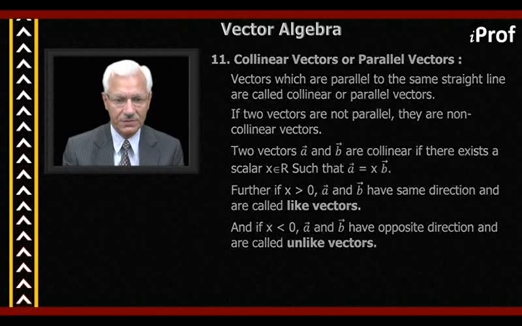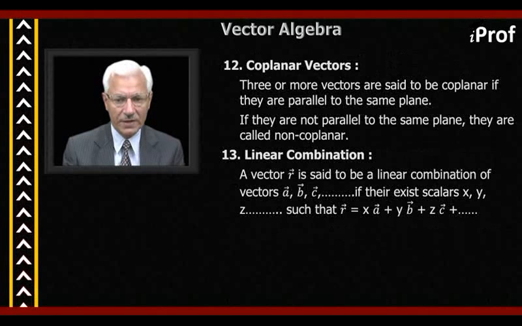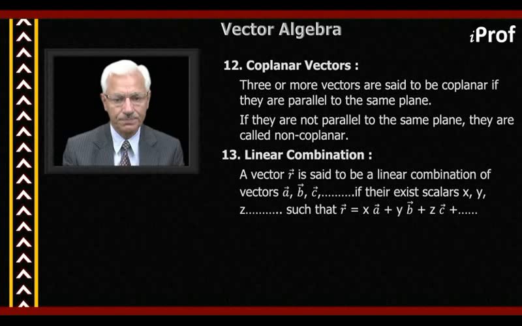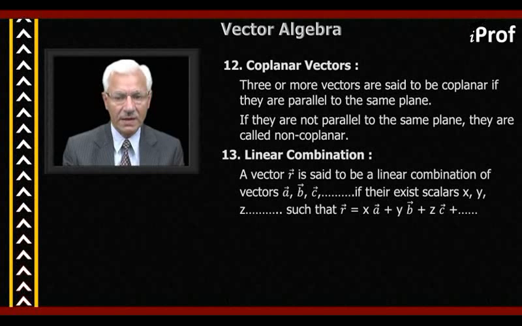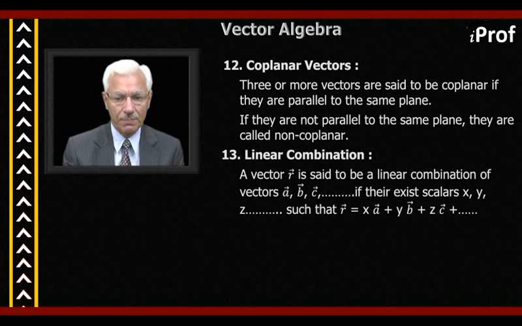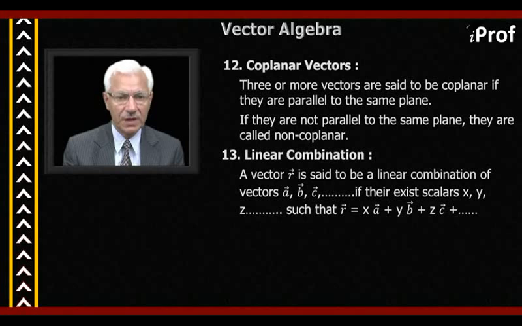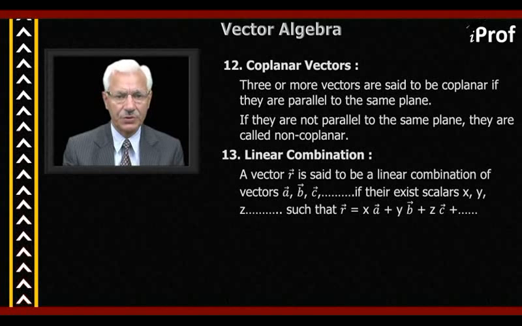Coplanar vectors. Three or more vectors are said to be coplanar if they are parallel to the same plane. If they are not parallel to the same plane, they are called non-coplanar vectors. Next, we define linear combination of vectors.